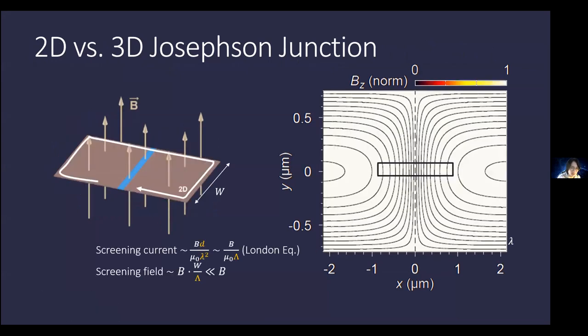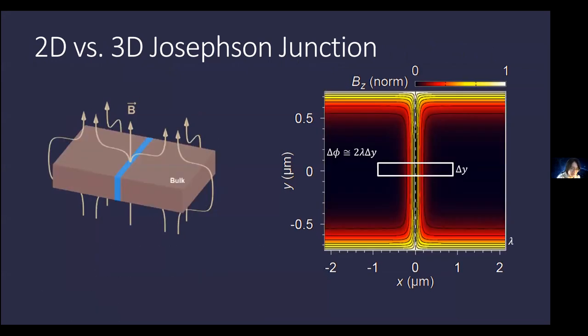The magnetic field only enters the superconductor to a depth called the London penetration depth, denoted by lambda, and decays exponentially within this boundary. Of course, in the junction area, the magnetic field would penetrate, but only through a width of 2 lambda in this case.